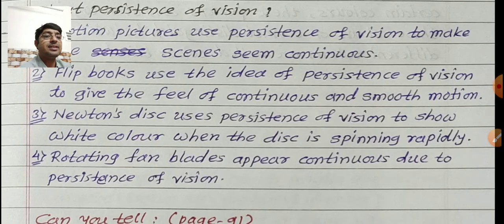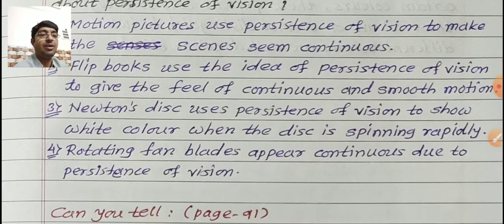Newton's disc uses persistence of vision to show white color when the disc is spinning rapidly. And one more example, rotating fan blades appear continuous due to persistence of vision. So you try to find out a few more examples related to persistence of vision.